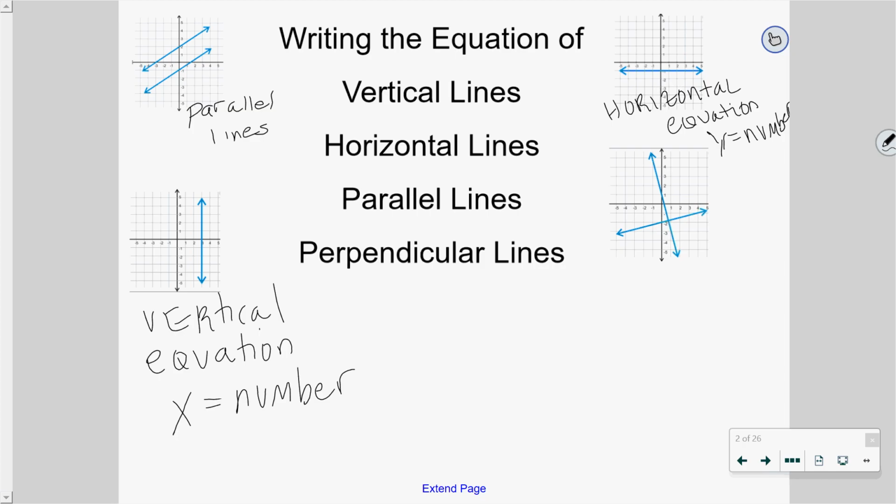They do, right? So that's what you want to remember. So I'll call the top one line 1, and I'll call the bottom one line 2. So they have the same slope. The way that you write that is I like to use little subscripts. M1 equals M2. The slope of line 1 equals the slope of line 2.